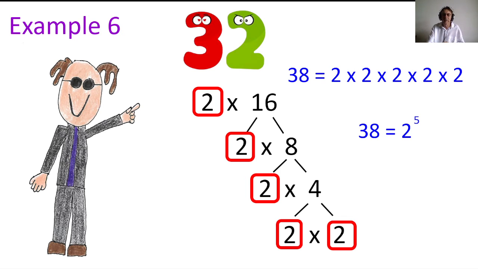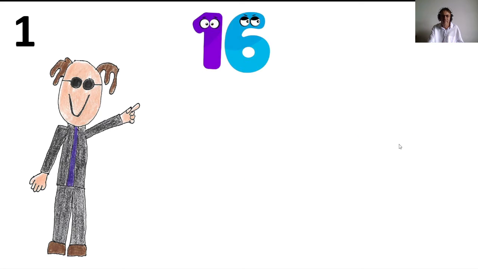So when we do the power, we count the number. 1, 2, 3, 4, 5. So we can write the equation simply as 32 equals 2 to the power of 5. Understand? Now you try. I would like you to please find the prime factors for 16.